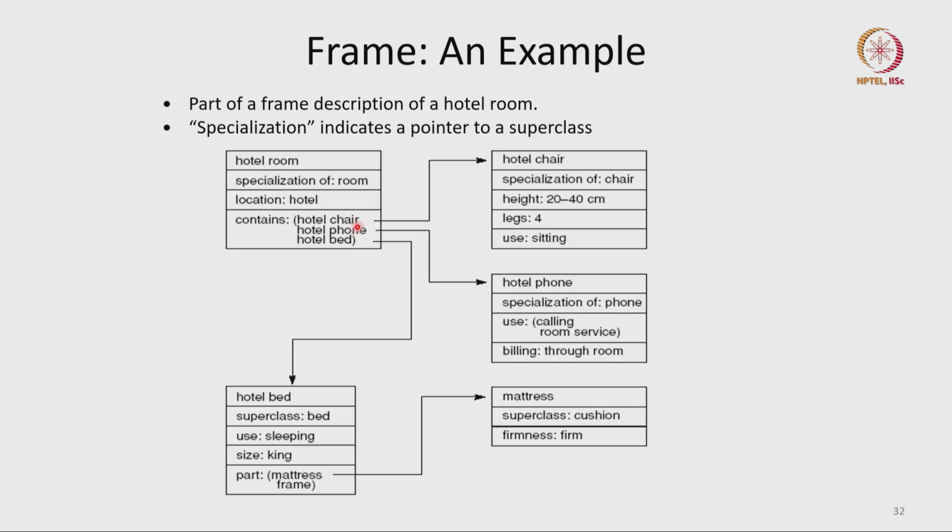Okay. So, hotel chair goes to this frame hotel chair, which is a specialization of chair, and you know what is the height, number of legs, what it is used for, etc. Similarly, hotel phone will go to the frame describing the hotel phone, and hotel bed will go to one describing the hotel bed. And here also, when you talk about mattress, you may have a frame which talks about what a mattress is.